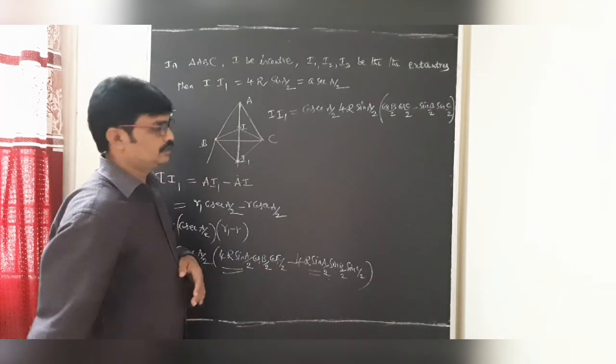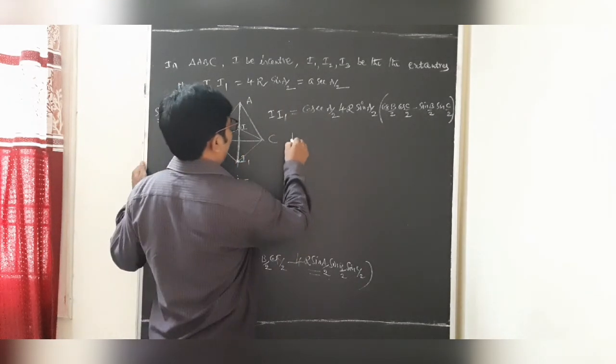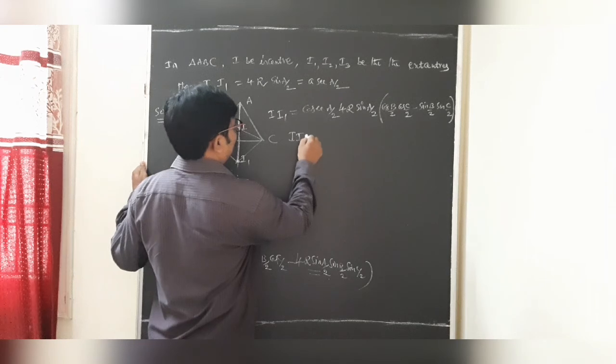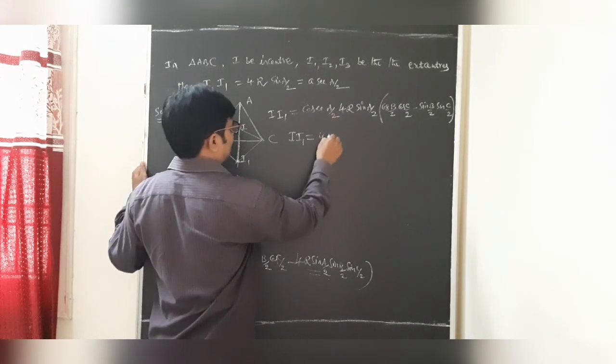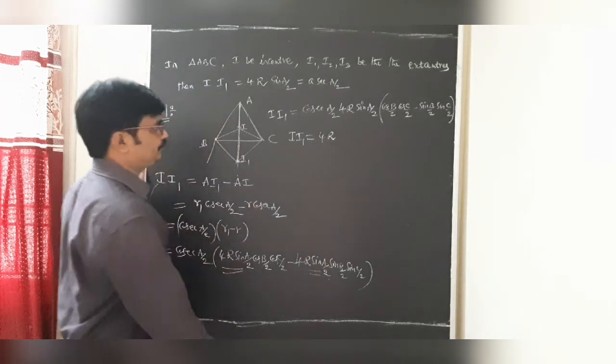Okay students, II1 equals sine and its reciprocal cosecant; these two are cancelled. This is 4R.